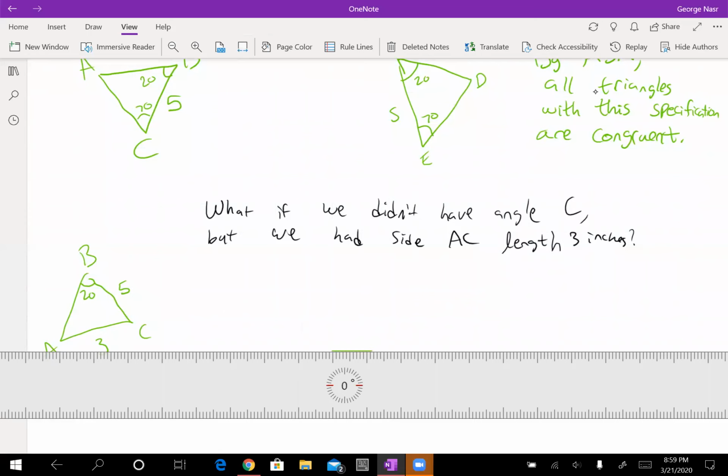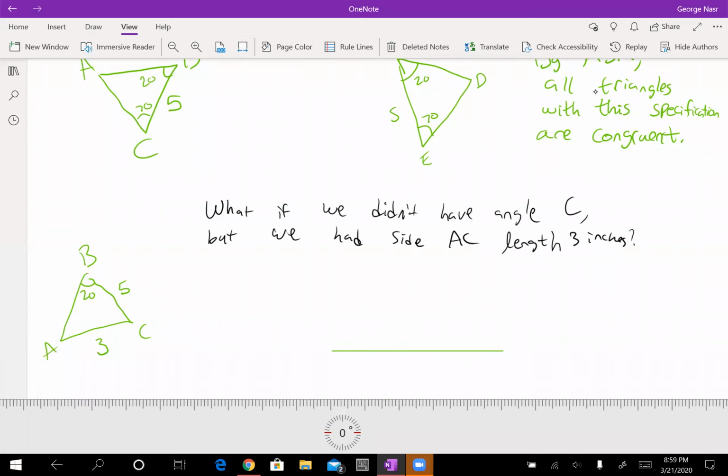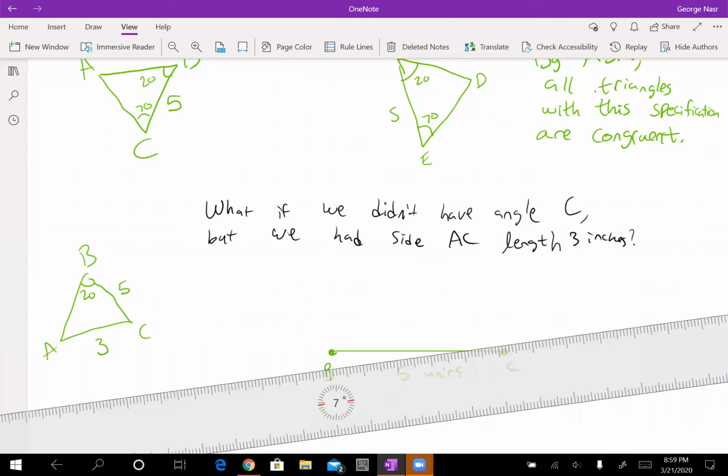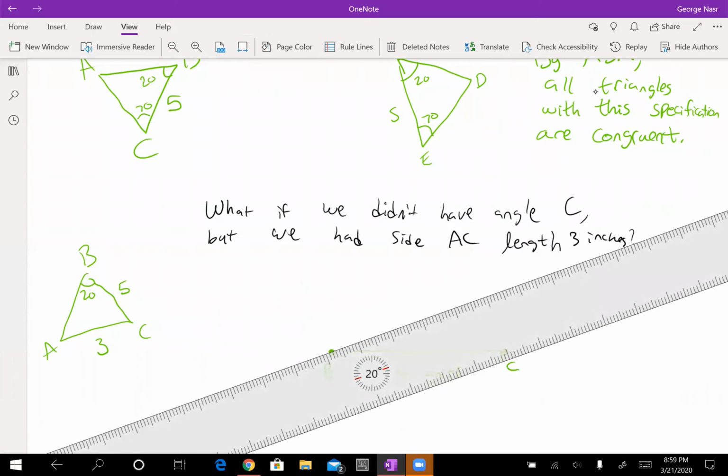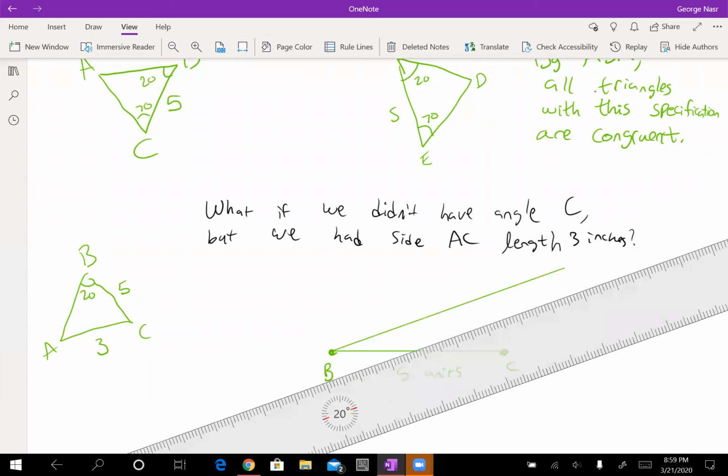That's 1, 2, 3, 4, 5. So this will be our A, our B, and our C, and this is 5 units. And let's form a 20-degree angle. Again, let's just draw a super long line.